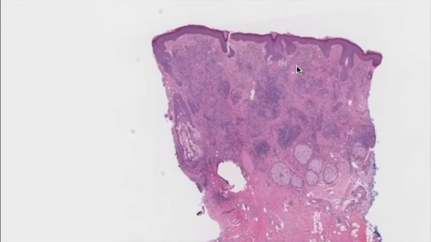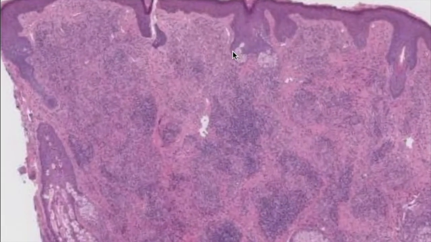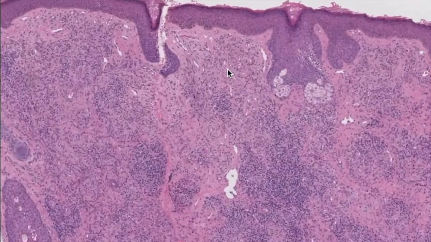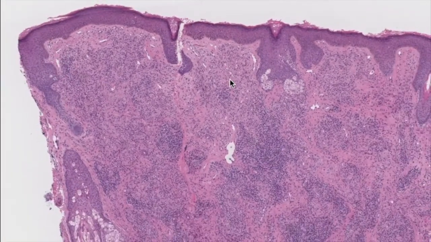And if we start going on high power, we see two important pathologies. The first one is the superficial layer of the dermis appears spared, and this is what's called the Grenz zone. And you see a collection of inflammatory cells like granuloma.